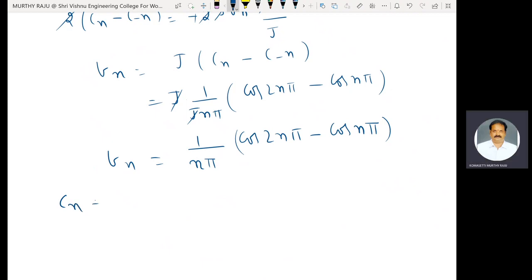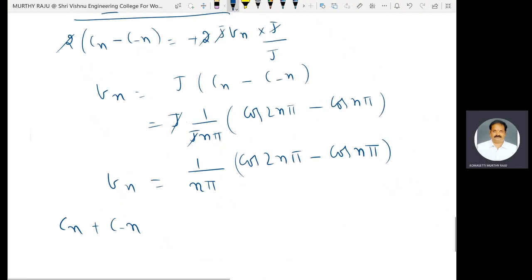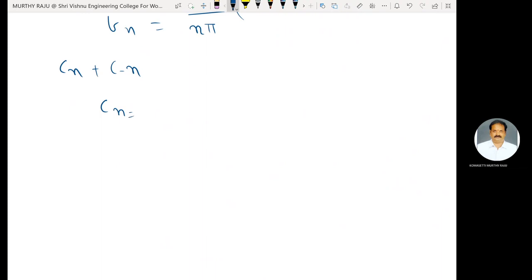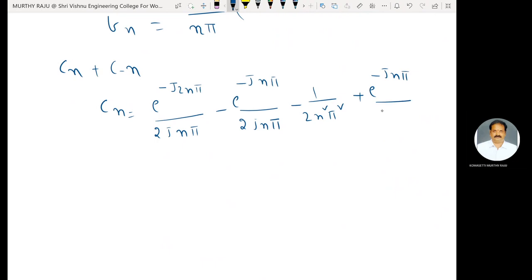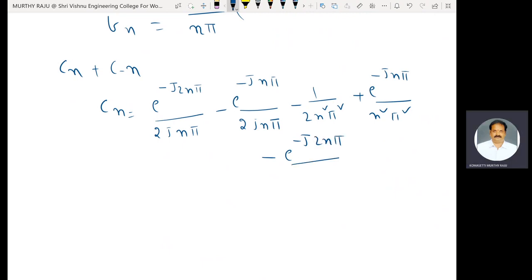Now calculate Cn plus C minus n. We know that Cn is equal to, again in that expression, e^(-j2nπ) by 2jnπ, minus e^(-jnπ) by 2jnπ, minus 1 by 2n²π², plus e^(-jnπ) by n²π², minus e^(-j2nπ) by 2n²π².